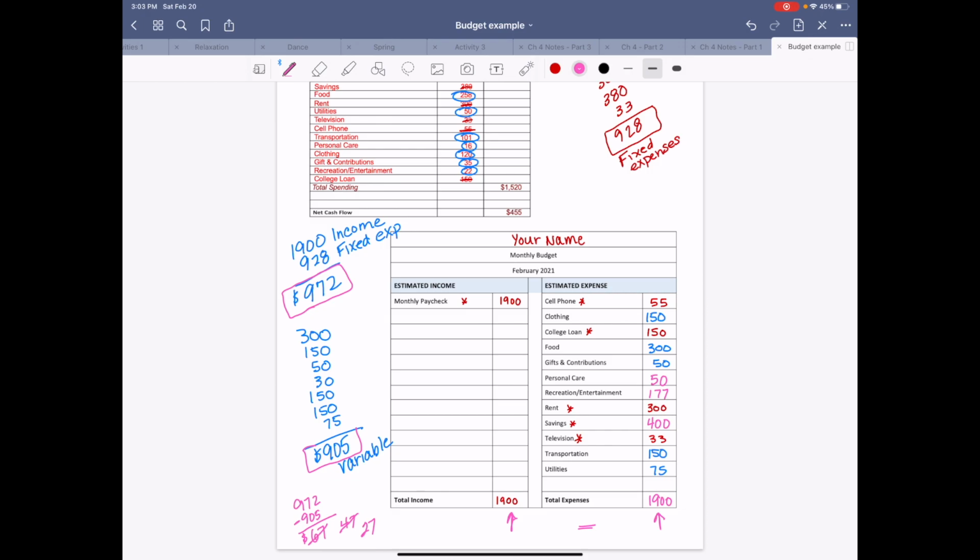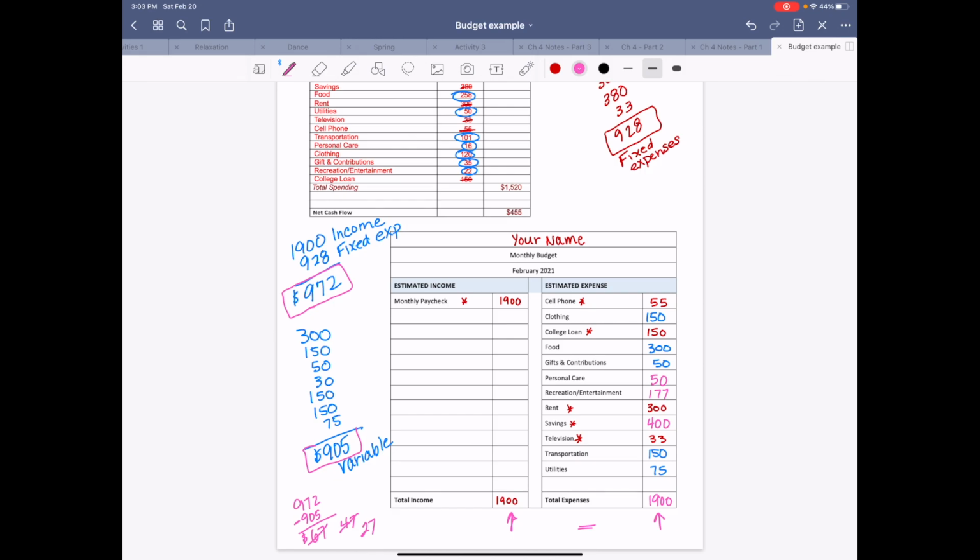Some people will have an envelope for each one of these expenses. For example, they'll have an envelope that says clothing, and they put actually $150 in the clothing envelope. And when it comes time to spend money for clothing, they just take the money out of the envelope. The same with the food.